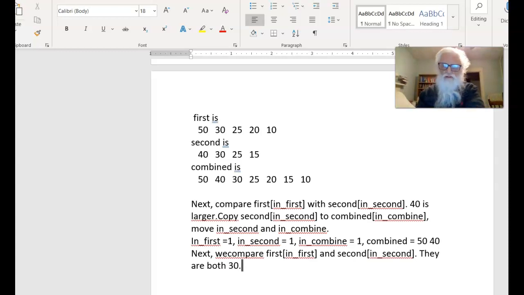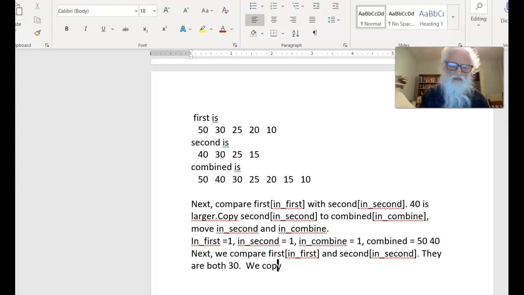Well, that means we only want one of them. So we copy either one into combine in combine.